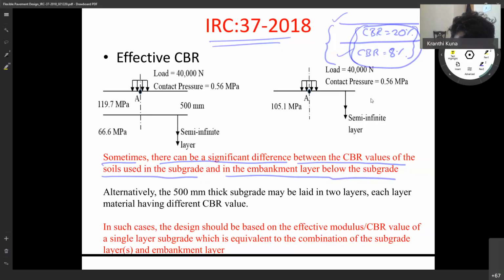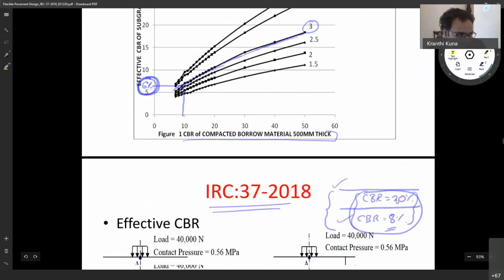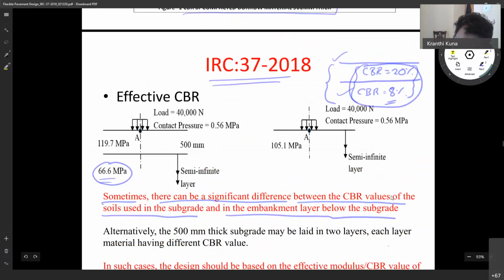If you input this CBR of 8% into the equation I gave earlier, 17.6 multiplied by 8 to the power 0.64, the value we get is 66 megapascal. Similarly, the borrowed material from somewhere, which is 20%, 17.6 multiplied by 20 to the power 0.64 is 19.7 megapascal.